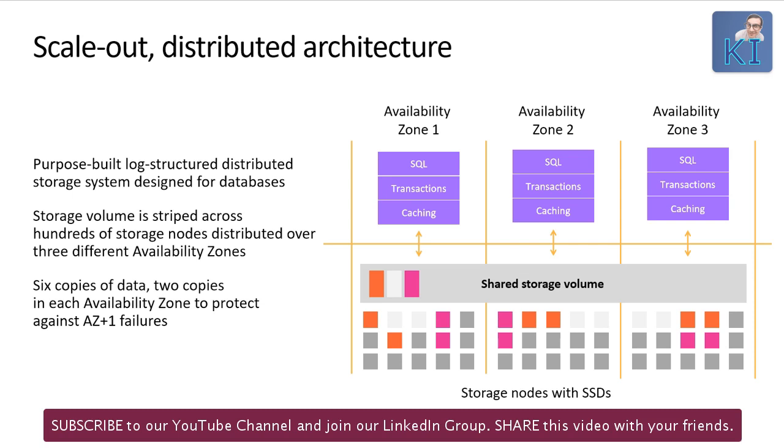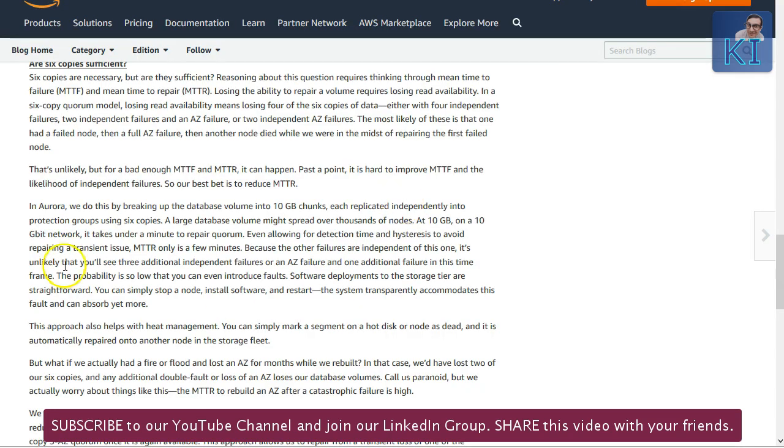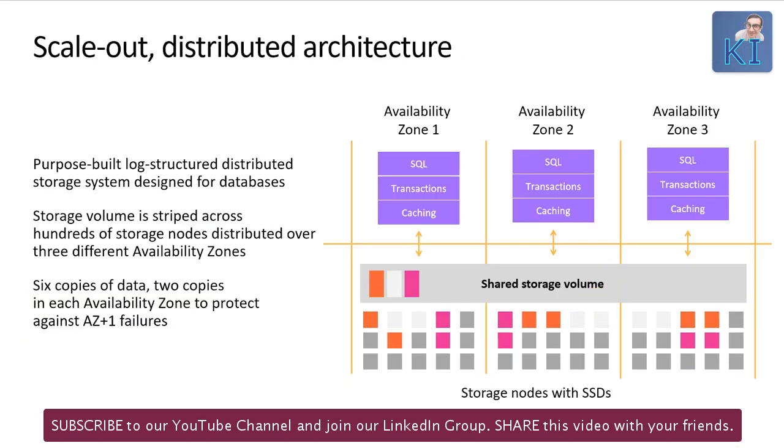So it supports high availability in such a manner that even if a full AZ goes down, you'll be able to have your instance up and running. If you want to understand the whole quorum part, I'll just leave the link in the description. You can go ahead and read the link in the description.